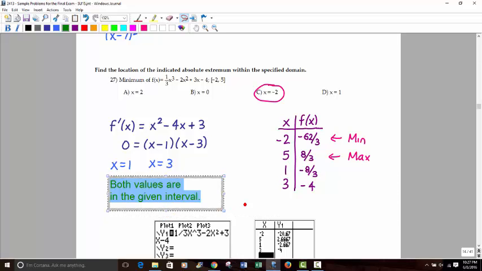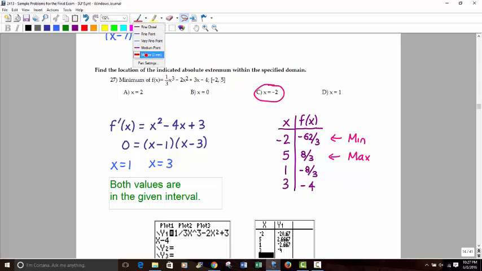Let's see what we have here. Now you're plugging in the original function, not the derivative, remember. So use your calculator, obviously, to save you some time. And you get these values: negative 62 over 3, 8 over 3, negative 8 over 3, and negative 4.